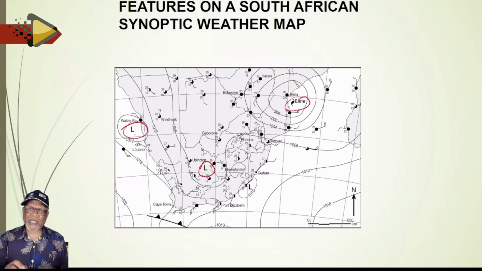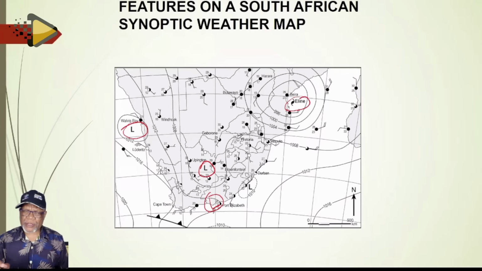It develops on the west in summer and moves towards the east along the coast in winter. So when you see the coastal low being further west, you must know that the season is summer. And then when you see it further away towards the east, then you know the season is winter.